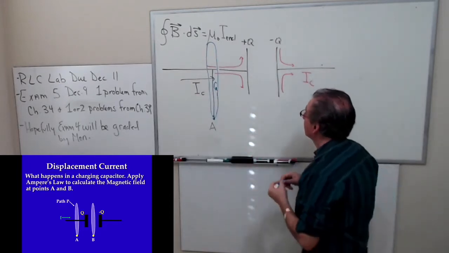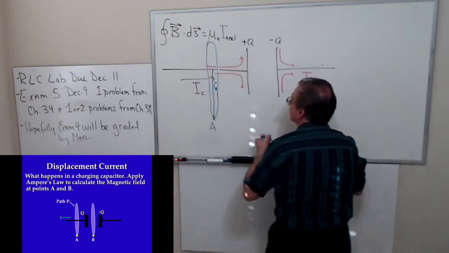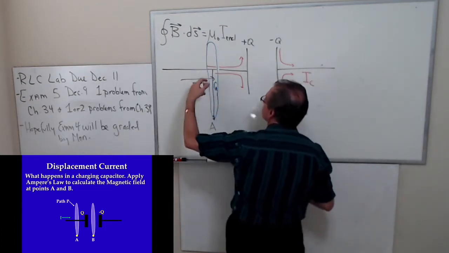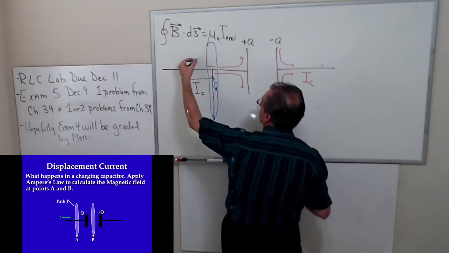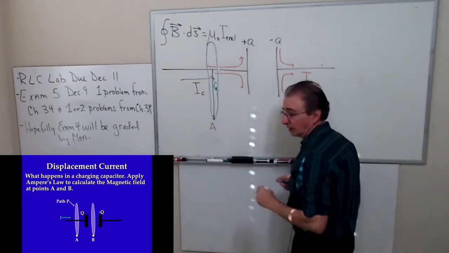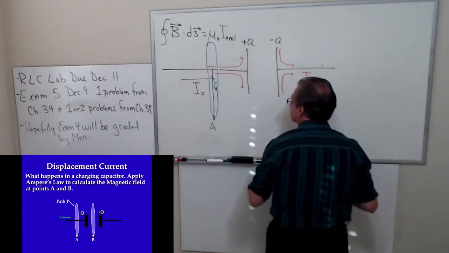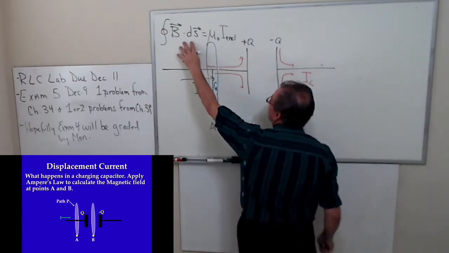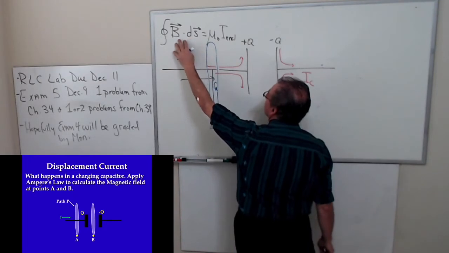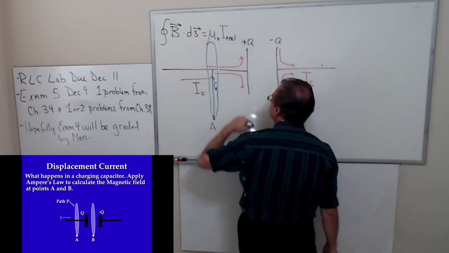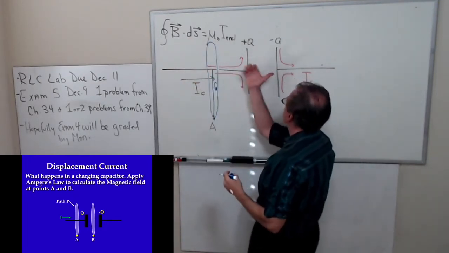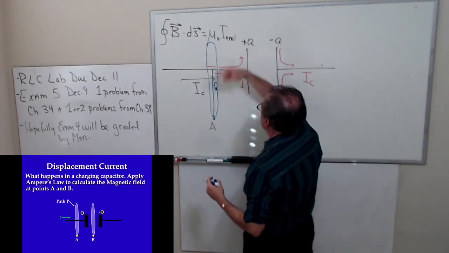And I apply this principle. I say, okay, well, the magnetic field is going to be along the direction of the loop, and I'm going to integrate the magnetic field in the same direction as ds. So I'm going to integrate B in this direction, the magnetic field points this way.